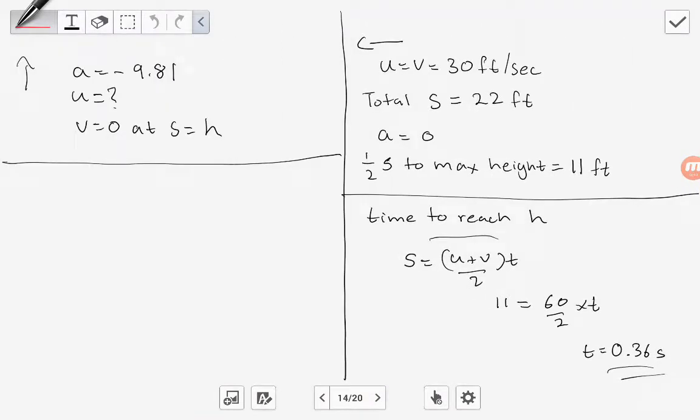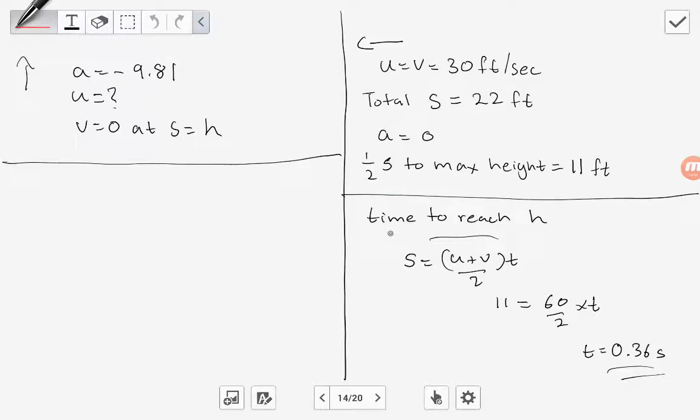All right. So what do we know? When we come across a question like that, we should first write down the horizontal and the vertical components of each. We have the acceleration as negative 9.81, and initial velocity, final velocity, and basically this is all we have.